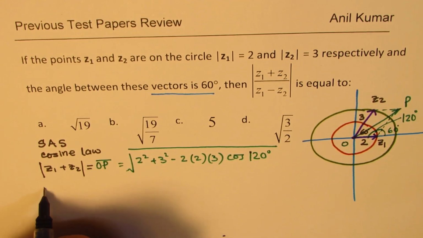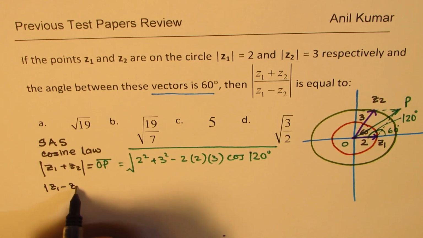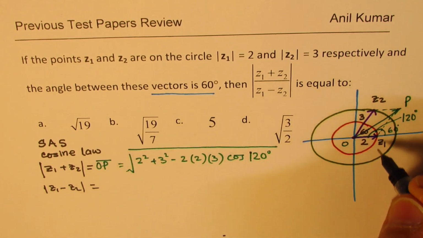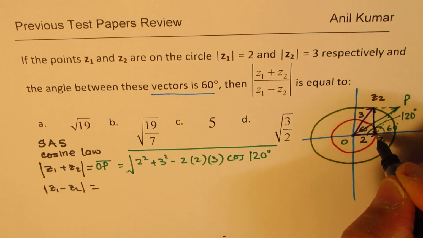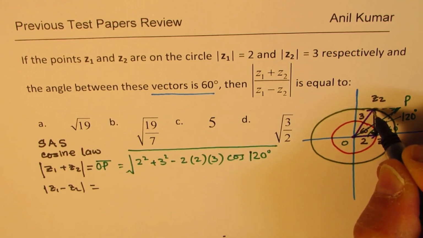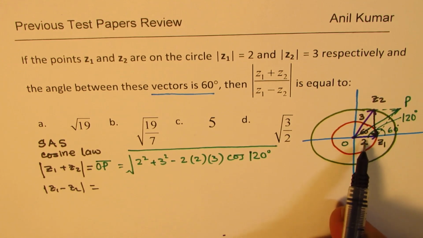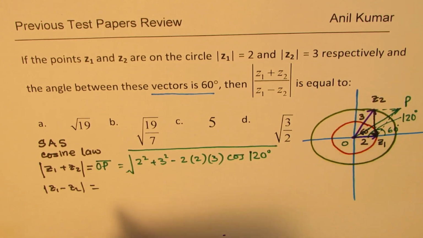Now let us see what is Z1 minus Z2 equal to. To get the Z1 minus Z2, it will be from this to this place, correct? So that is Z1 minus Z2. To find that, we again use cosine law, but this time the angle is 60 degrees, right?